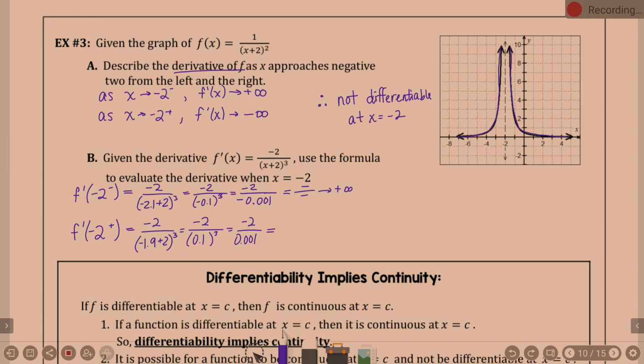Well, this time we have a negative divided by a positive. And what's happening? You've got 2, which is a larger number in reference to these very small decimals, but a set number, divided by a decimal that's getting smaller and smaller and smaller. So this time we're trending towards negative infinity.